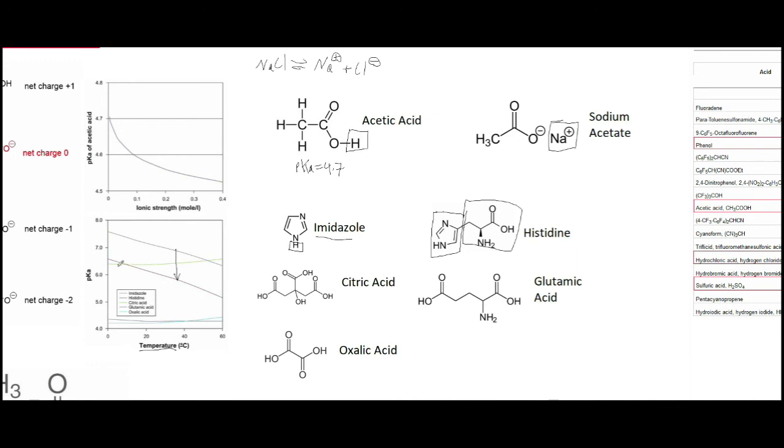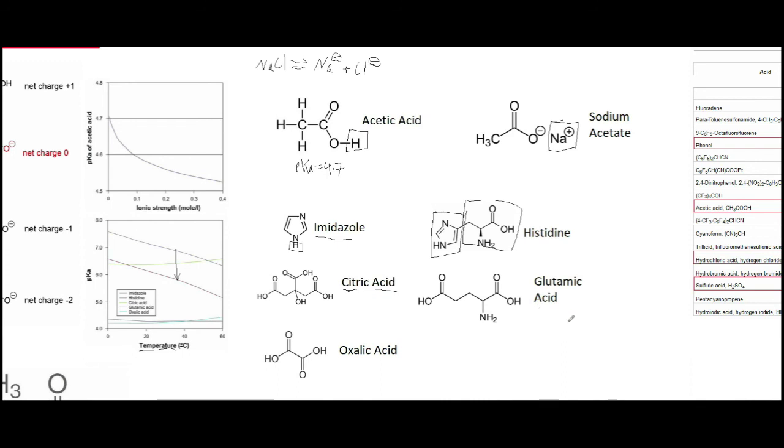Then the green here, where the pKa slightly goes up, is the citric acid. We see this has 3 carboxylic acids on it, and that pKa is going to go slightly up as we increase temperature. Down here in the purple, both of these stay pretty even.